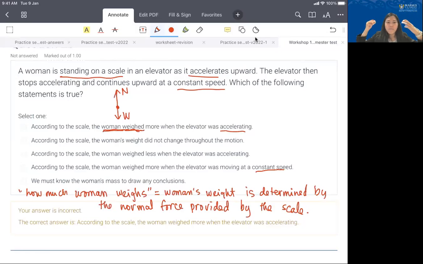Your weight is equal to the normal force under zero acceleration, when the scale is at rest or moving at constant speed. So to determine whether the woman weighed more or less, we need to look at the normal force instead of the weight force.